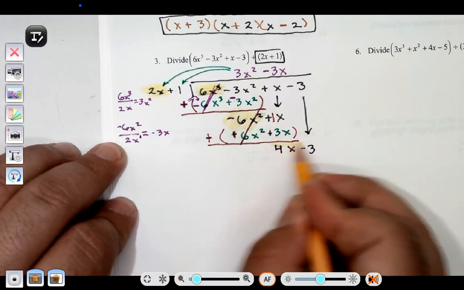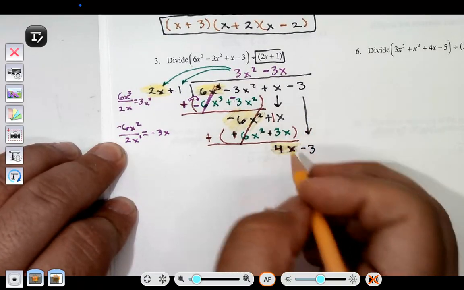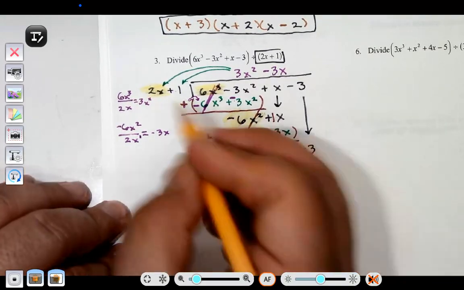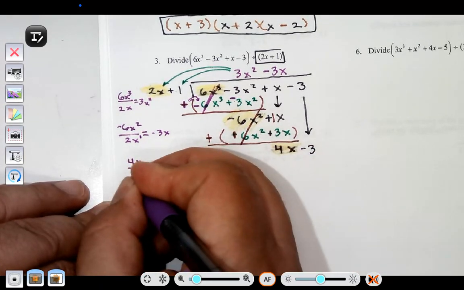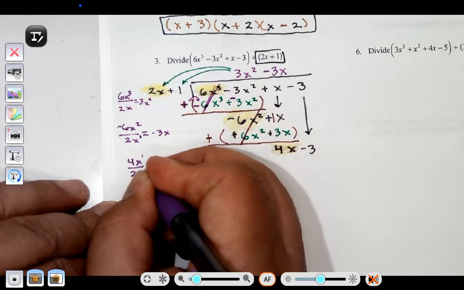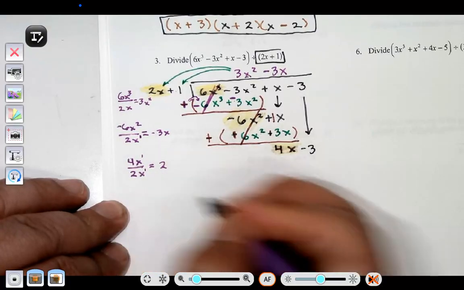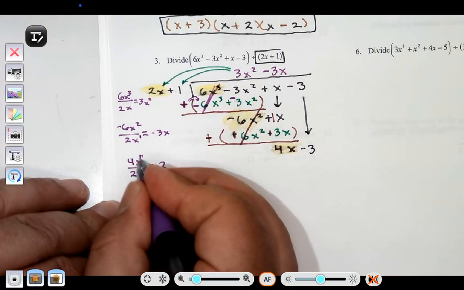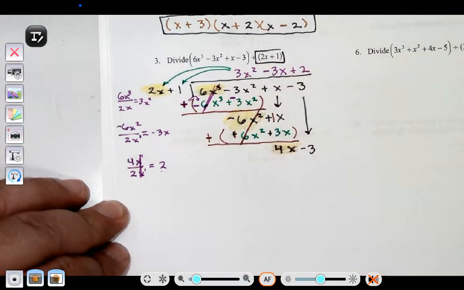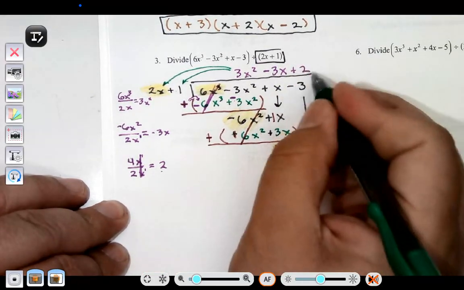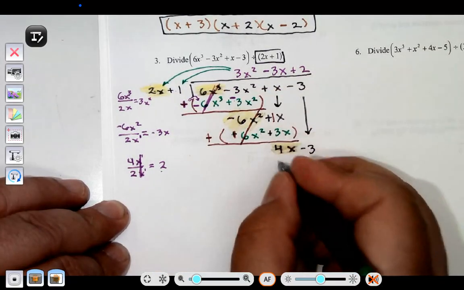But now I'm working with this number. We always start with the leads. This is a 4x, this is a 2x. So I'm going to go 4x divided by 2x. Well, 4 divided by 2 is 2. 1 minus 1, that means all your x's are gone. This is the only number I'm going to bring up here. All right, last time we do this, 2 times 2, 4x.